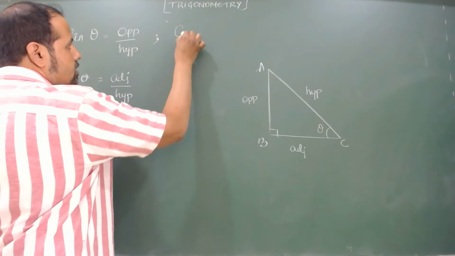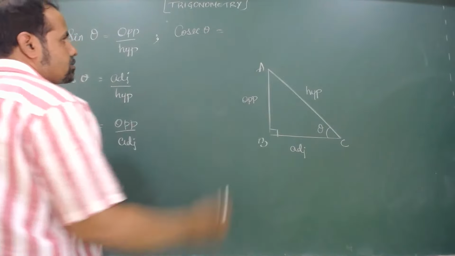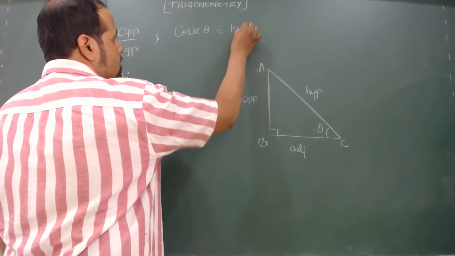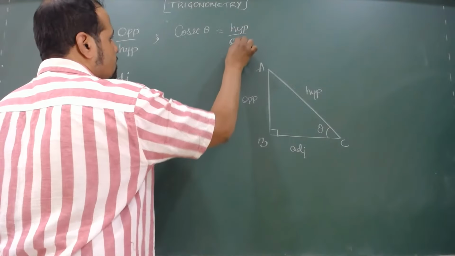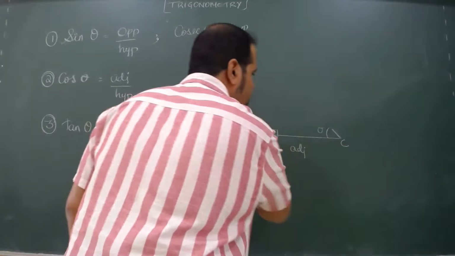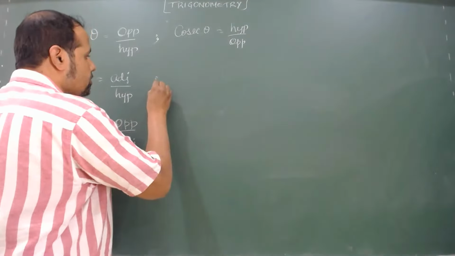Now, let us write the other three functions. The fourth is cosec theta, which is nothing but the reciprocal of sine, hypotenuse by opposite. You all are well versed with these formulas.